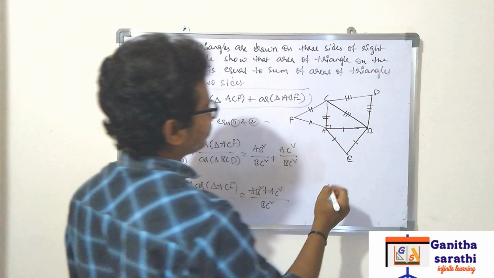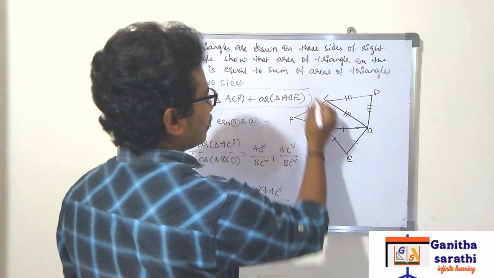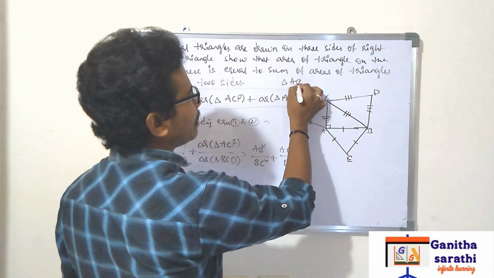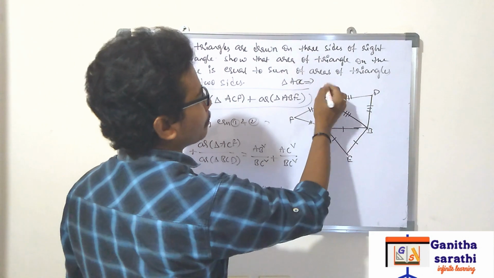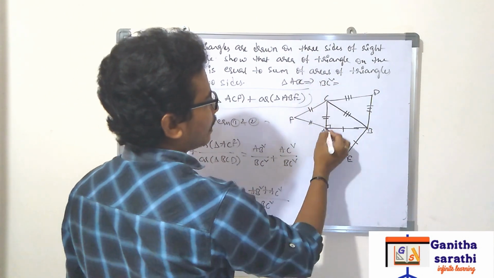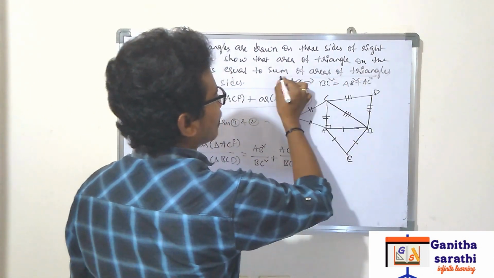Now AB square plus AC square, how can you write it? In the original triangle ABC, by using Pythagoras theorem, BC square is equal to AB square plus AC square.